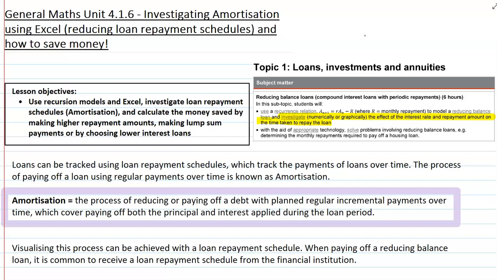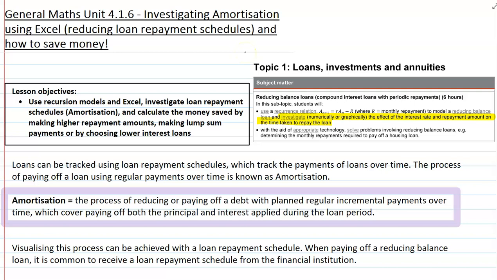We're going to investigate loan repayment schedules or amortisation and calculate the money saved by making either higher repayment amounts, making lump sum repayments, or by choosing lower interest loans. Any one or a combination of these things can help you save a lot of money.